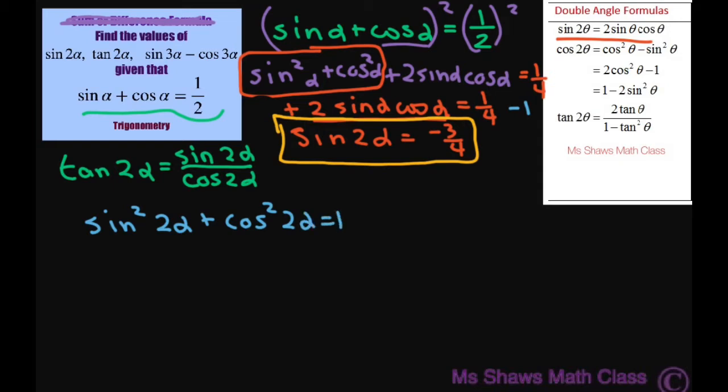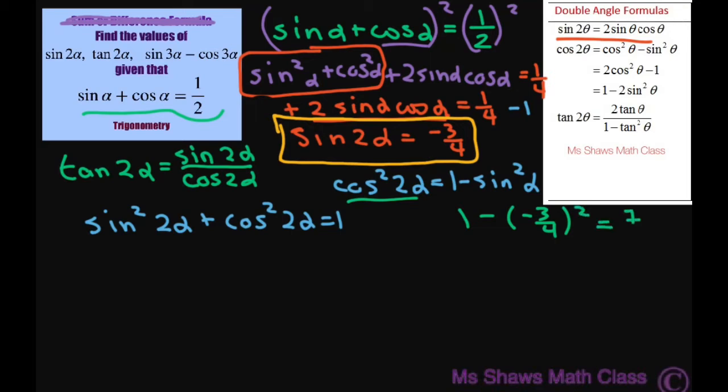That means we have cosine squared of 2 alpha equals 1 minus sine squared of 2 alpha. And then using substitution, this is going to equal 1 minus my sine, so that's negative 3/4 squared, and that equals 7 divided by 16. So cosine squared of 2 alpha equals 7 divided by 16.